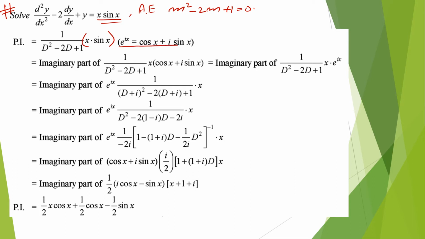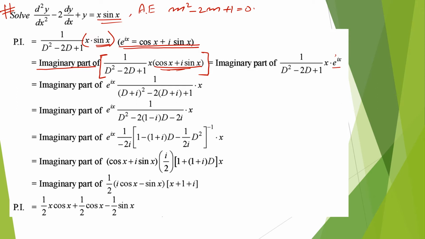According to this formula, sin x is equal to the imaginary part of e to the power iota x. Remember you have to write this imaginary part of the term until you have selected the imaginary part.